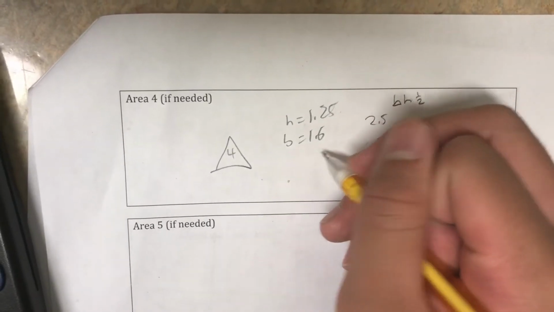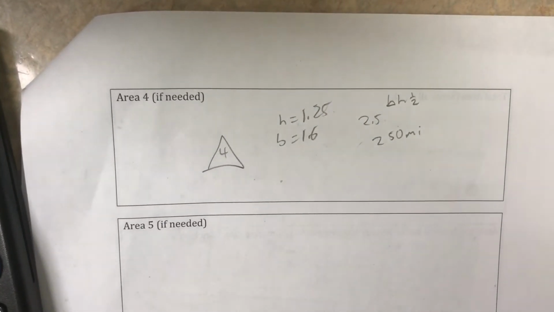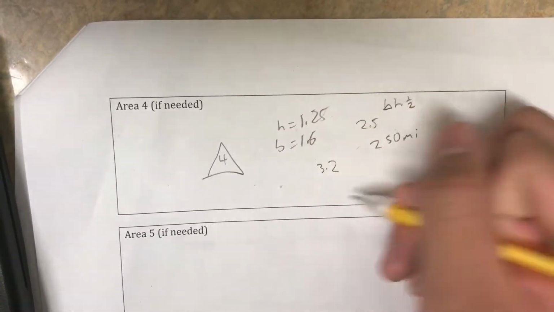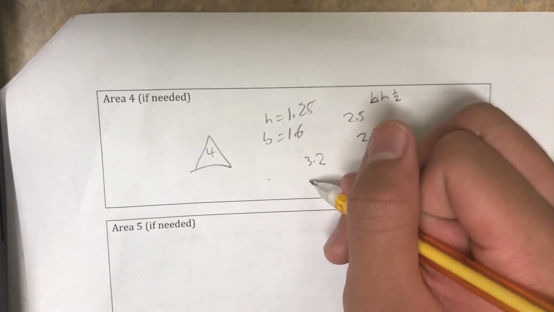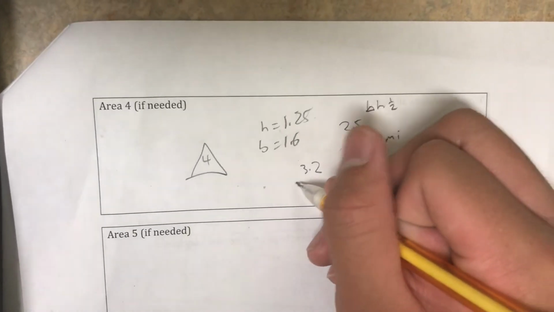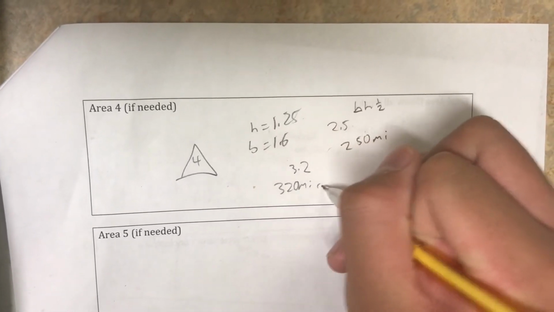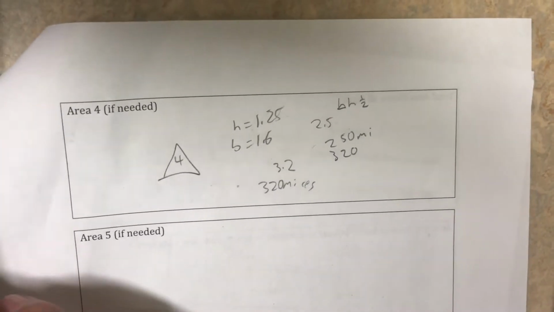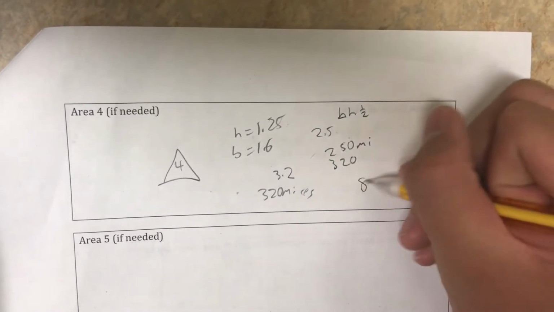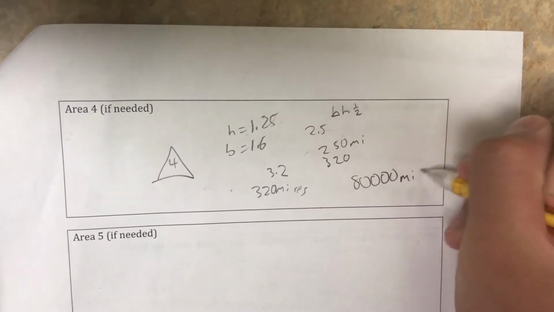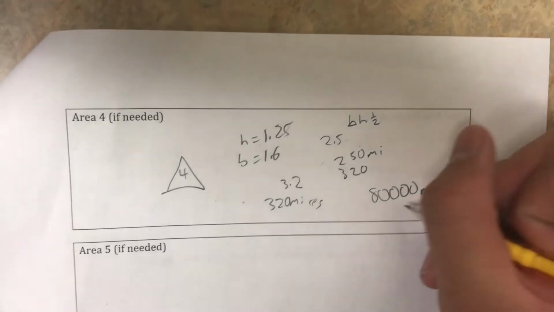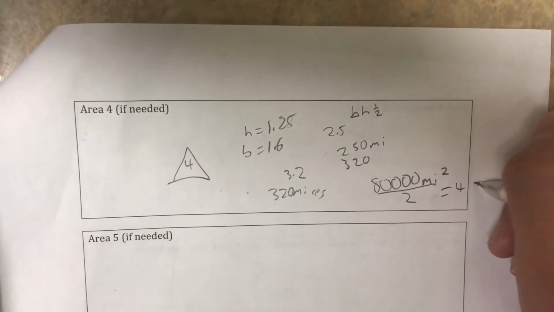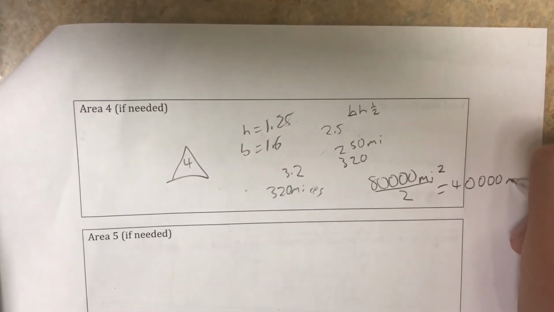Now for our base, we also divide that by 0.5, so it's 1.6 divided by 0.5. That gives us 3.2, and we have to multiply that by 100, so it's 320 miles. Now we multiply these two together. It's 320 times 250. That gives us 80,000 miles squared. We also have to divide that by 2 because it's a triangle. So our final answer is 40,000 miles squared.